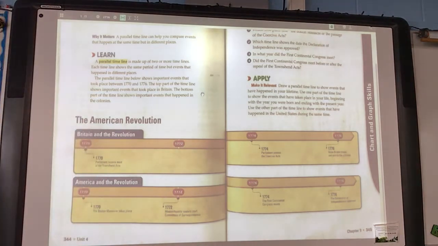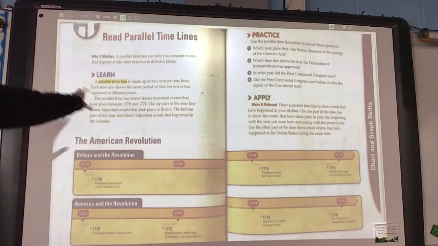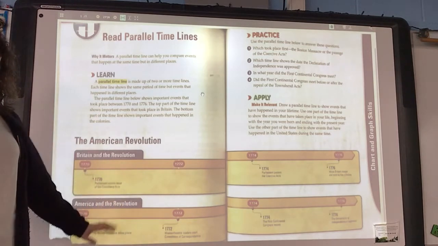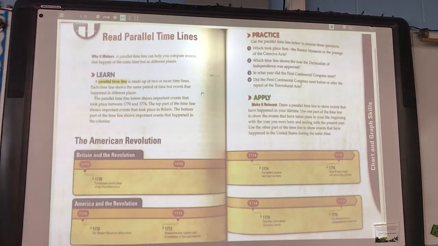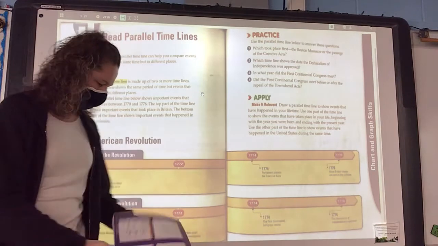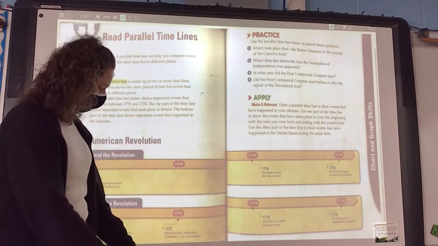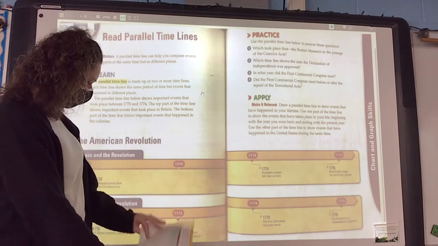So a timeline, if I look here, these are parallel timelines. That's a math word. What does parallel mean? Nick? It's like a number timeline. It's not a number. The shape. Parallel has nothing to do with numbers.